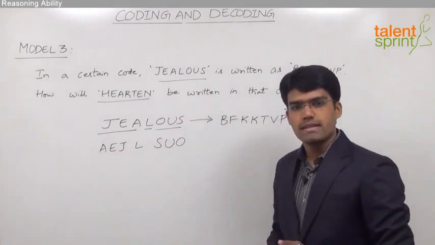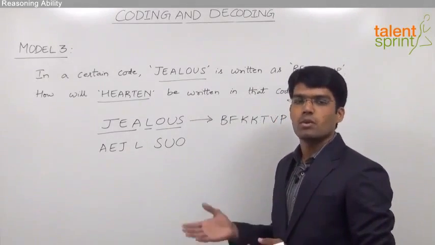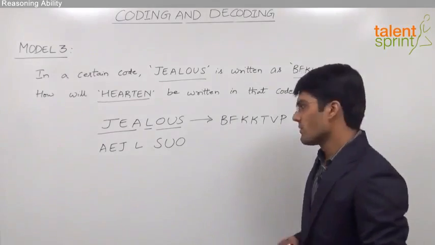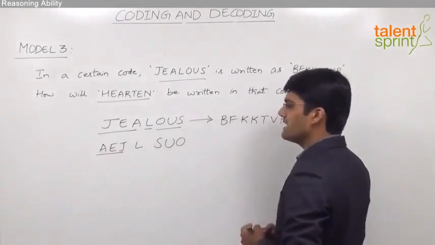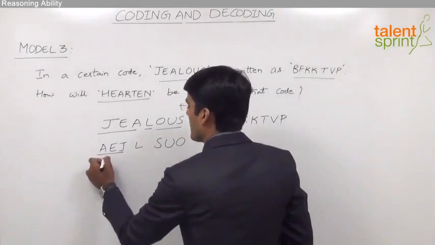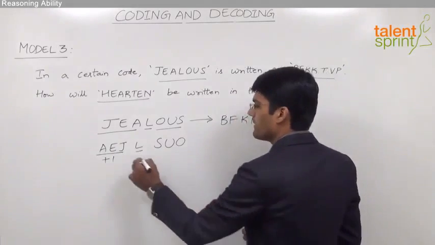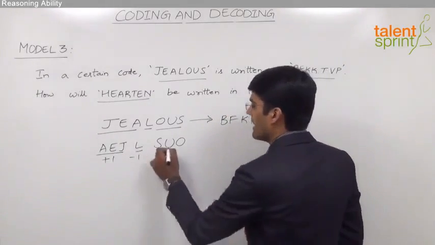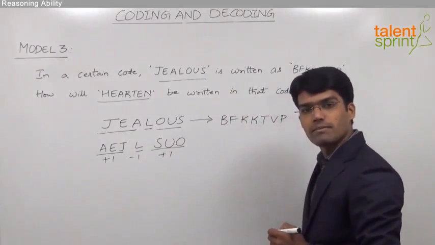And now the third step is to shift the letters in each of these sets either in the forward or in the backward direction. If you observe the given code, the letters in the set AEJ have been shifted by 1 position in the forward direction, L has been shifted by 1 position in the backward direction, and SUO is again shifted by 1 position in the forward direction.